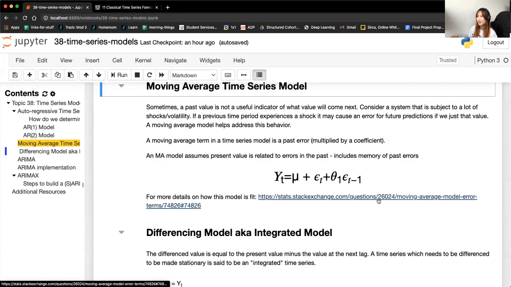So let's say if you find that in your past 2 predictions, you've been under predicting, your next prediction will account for that and move your predictions upwards. Okay. So there is going to be a lag in your catch up from your predictions to your actual data. But yeah, the aim is to account for past errors.